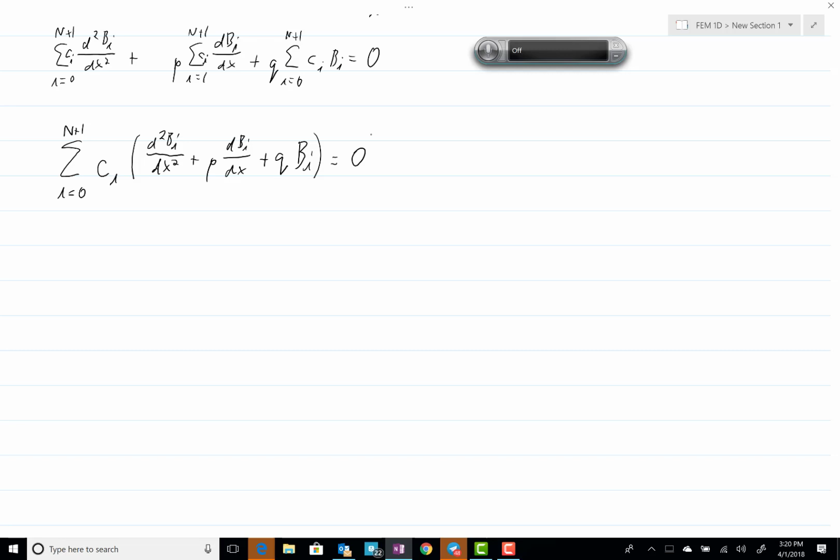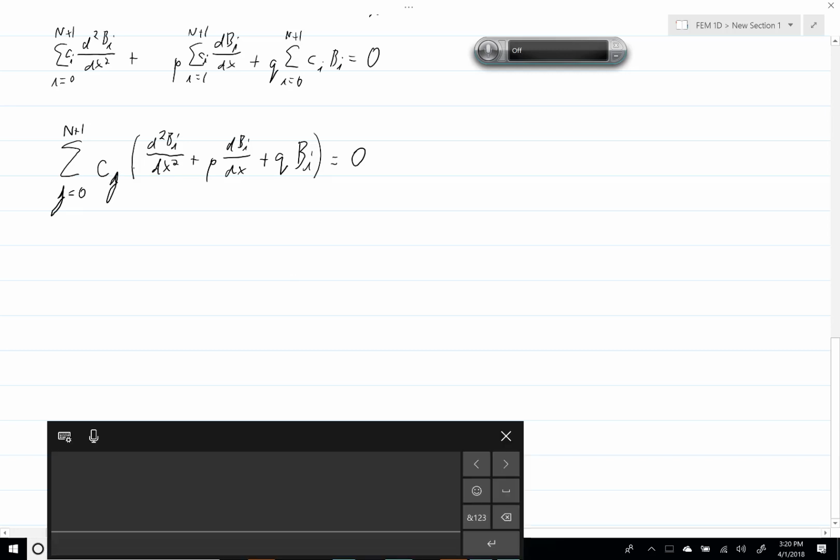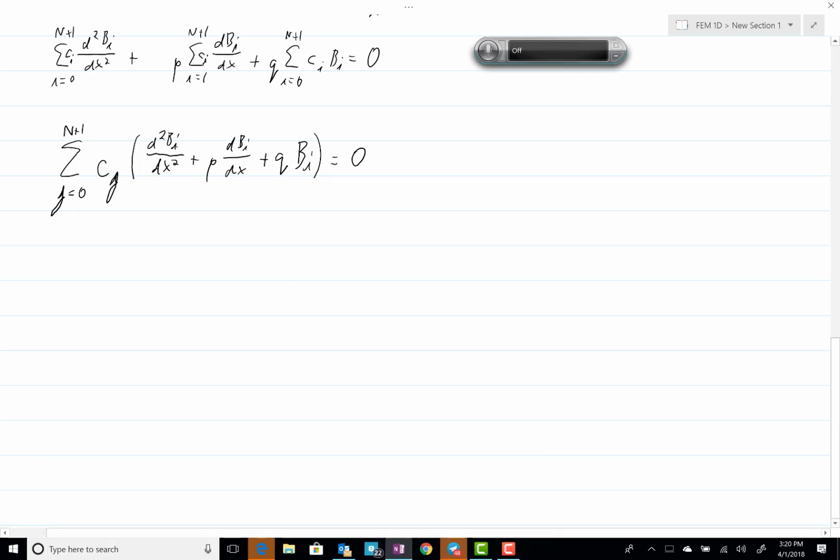And actually, just for convenience here, I'm going to change the index from i to j. Of course, we could use any index we want, but I'm going to change this to j. So here's j, sum over j, and then this is b_j, b_j, and b_j. And I'm doing that mainly because this is a more traditional way of writing this.